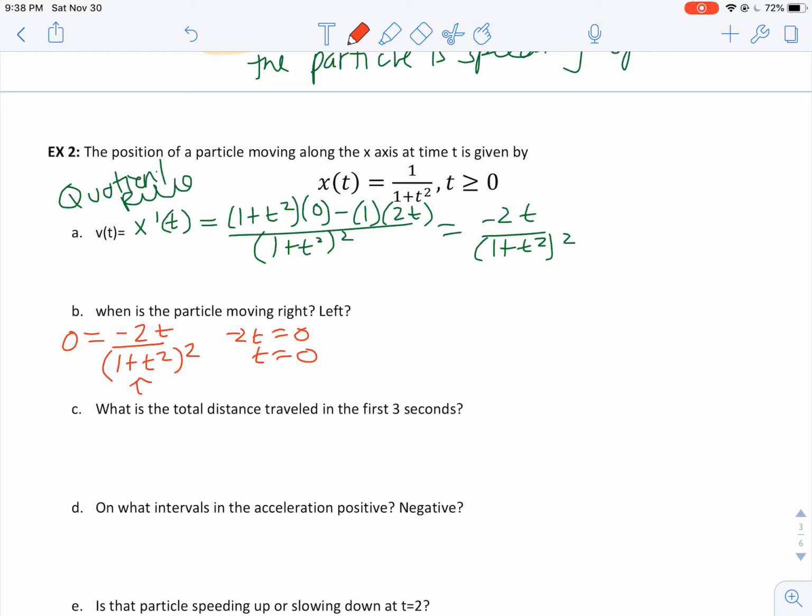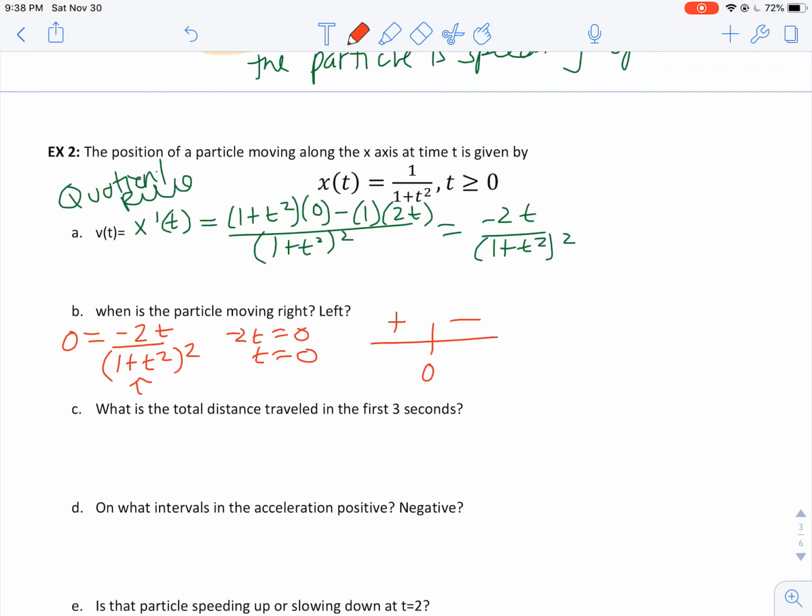Nothing is going to make the denominator equal 0, because this number turns out to be squared, so there's no way we can get a negative 1 in there. All right, so here we go. 0 is our sign chart. Anything less than 0, this whole function will be positive. Anything greater, it's going to be negative.